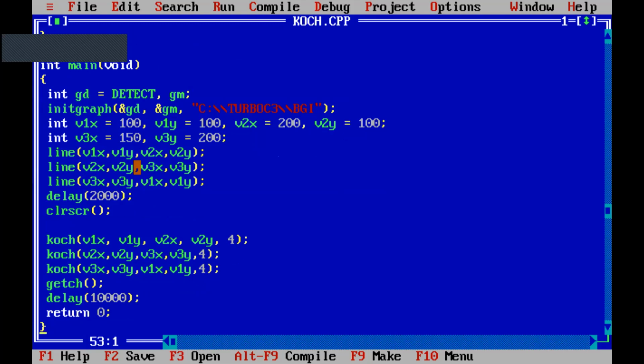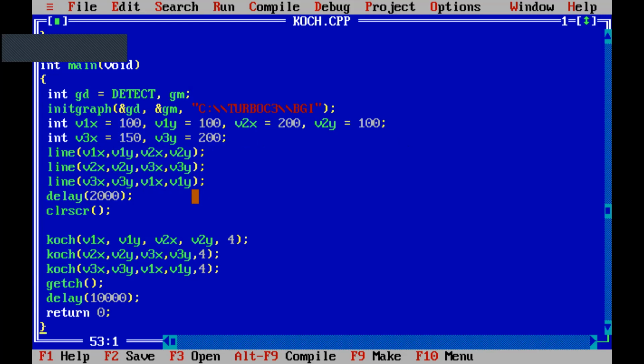The first is v1x equals to 100, v1y equals to 100, v2x equals to 200, v2y equals to 100, and third one v3x equals to 150 and v3y equals to 200. Initially I am calling the line function thrice between v1 and v2, v2 and v3, and then v3 and v1. So this will initially give you a triangle.